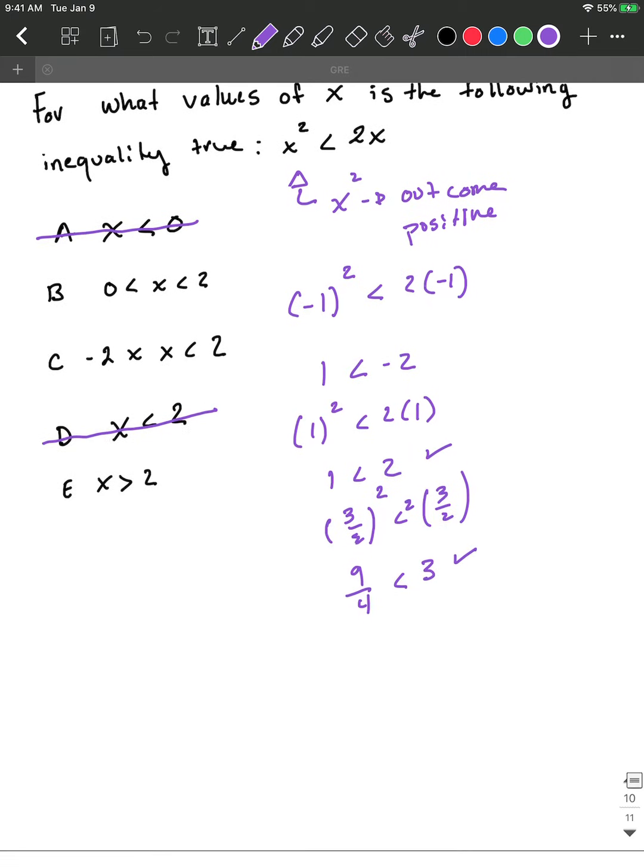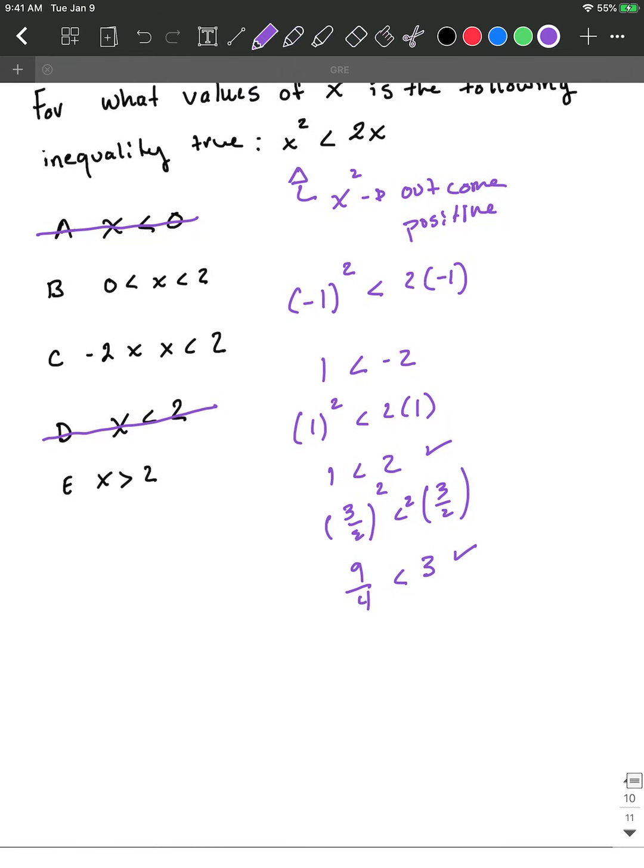Now let's try numbers that are bigger than 2, let's say 3, 4. Maybe that might work. We did notice that 1 and 2 worked, but maybe some other numbers past 1 and 2 won't work. So we'll try 3. 3 squared is less than 2 times 3. Oh, okay, so what we come out with is 9 is less than 6.